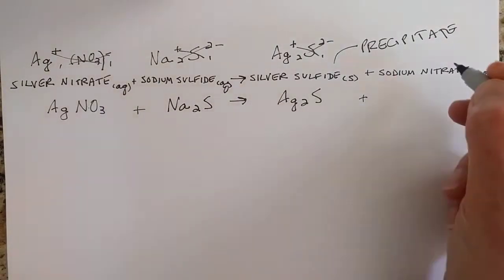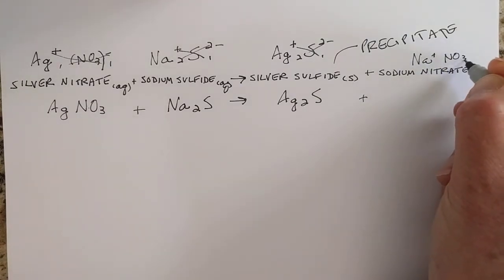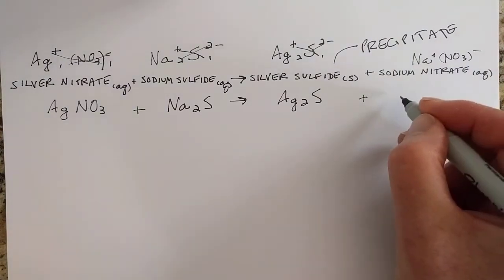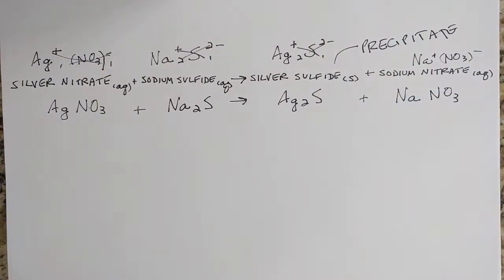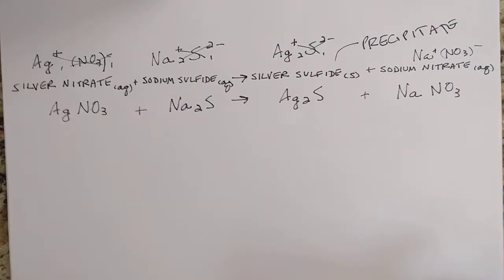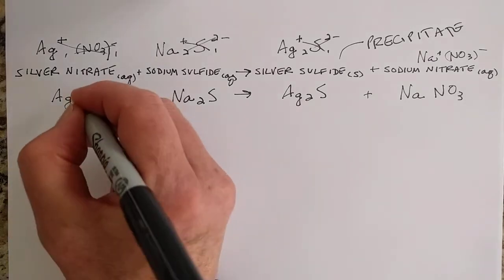All right, plus sodium nitrate. Sodium +1, nitrate -1. Our formula is NaNO3. And remember, when you have polyatomic ions in an equation, you can balance them as a group.